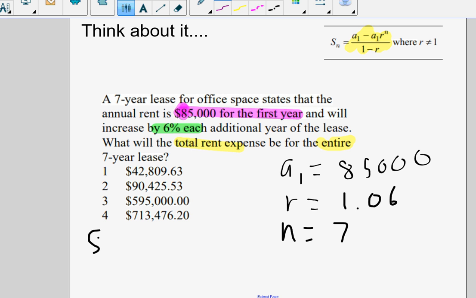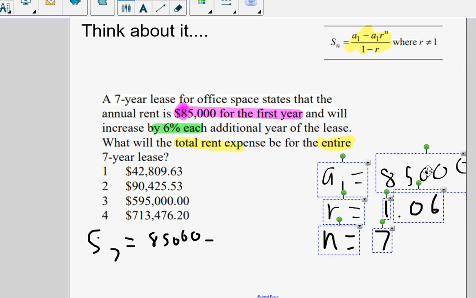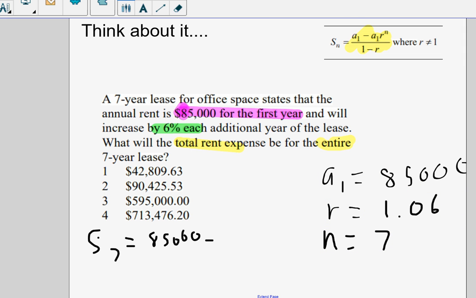S sub 7 equals 85,000 minus 85,000 times 1.06 to the 7th over 1 minus 1.06. I'm going to run out of space.